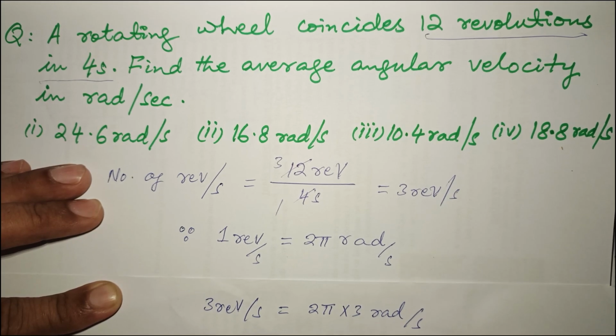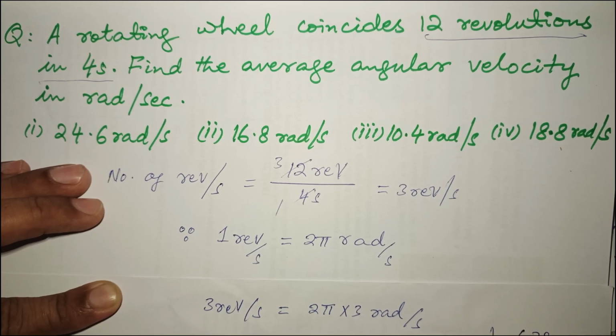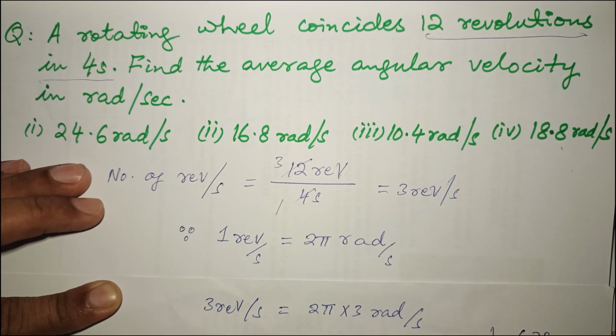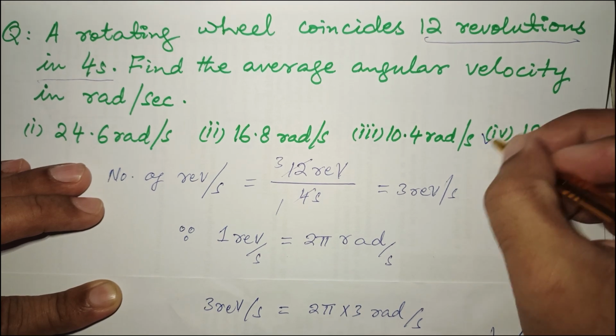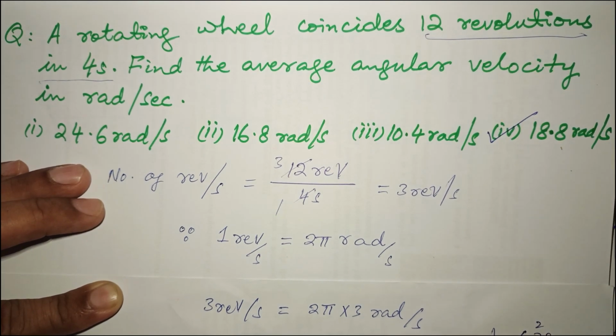This will be 6.28 multiplied by 3. So make the multiplication and get the result. 6.28 into 3. 3 8s are 24, carry 2, 3 2s are 6 and 2 is 8, and 3 6s are 18. So 18.84 radian per second. So this will be the correct option.